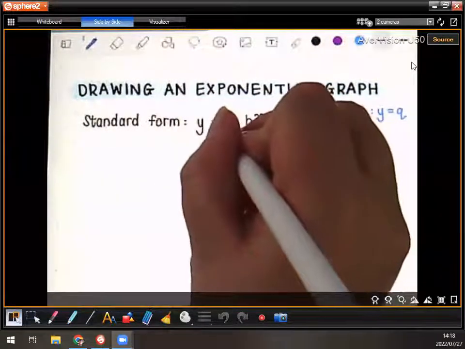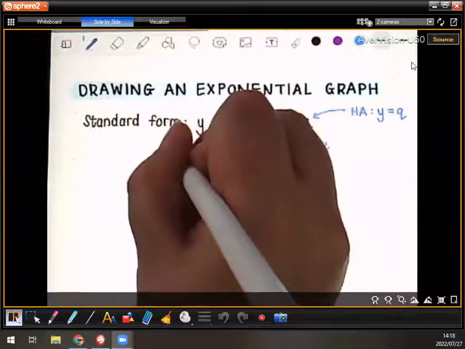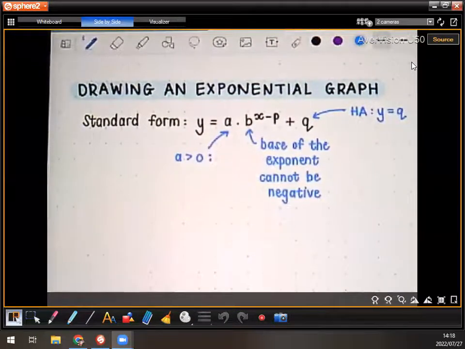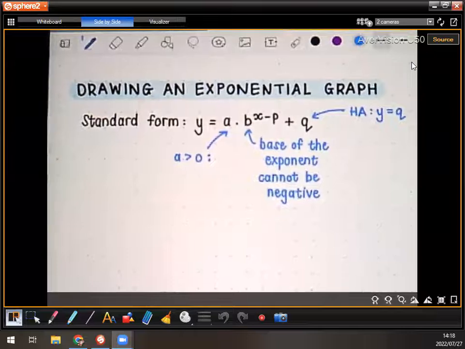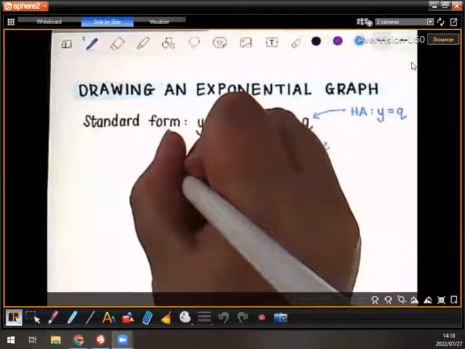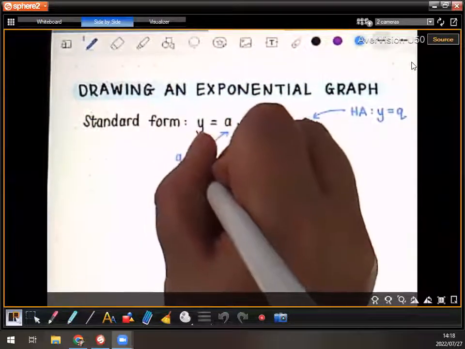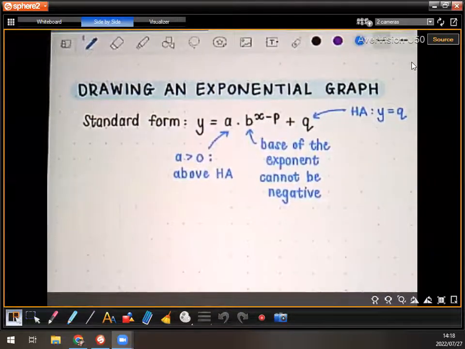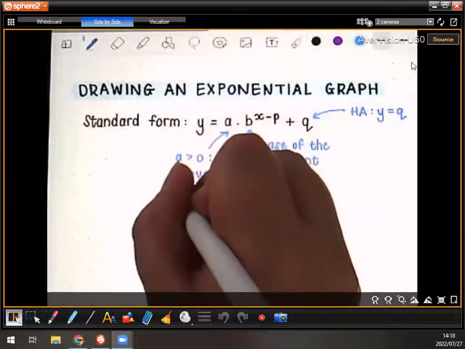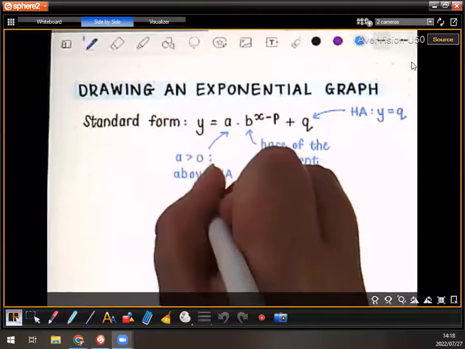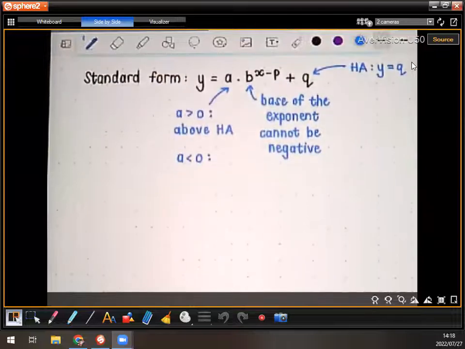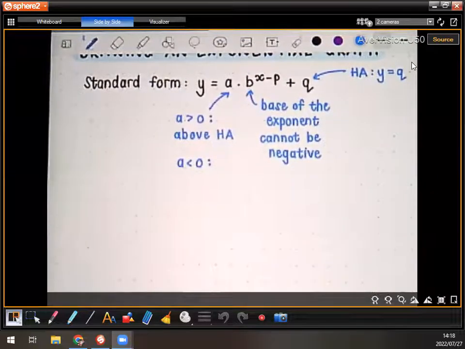And then if your A value is positive, then your graph is going to lie above the asymptote. But if your A value is negative, then you can make the conclusion yourself. The graph is going to lie below the asymptote.